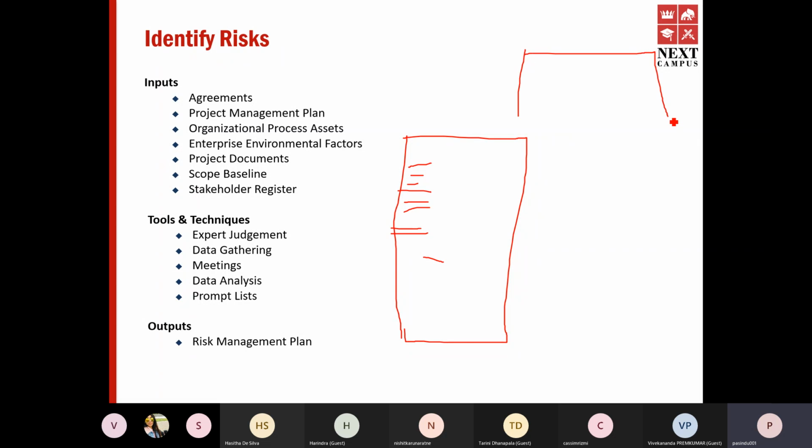You will say, okay, here are my environmental risks. Here are my technical risks. Here are my HR related risks, likewise. So it helps you to segregate risks, focus on different segments, and also delegate the risks. For example, if it's HR risks, you can directly ask your HR department to take care of those risks. Likewise.